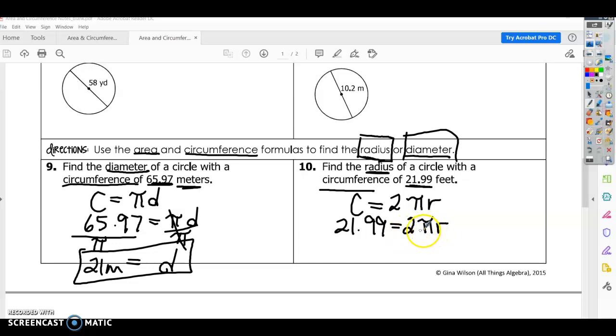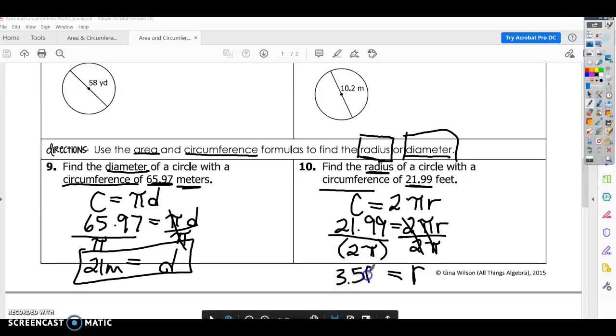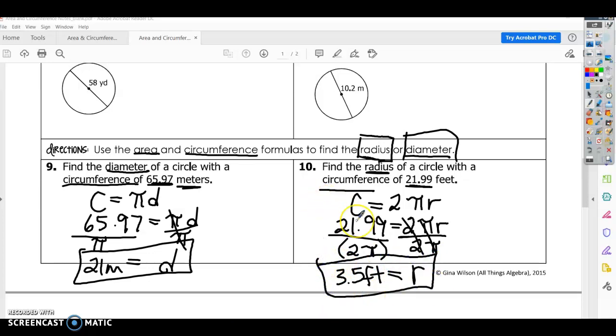Remember, pi is 3.14. If you want to go ahead and divide by 2 pi, you can divide this by 2 pi in your calculator, and that leaves r. All right, so 21.99 divided by 2 pi is a radius of about 3.5 feet. All right, so we solved for radius using the same formula.